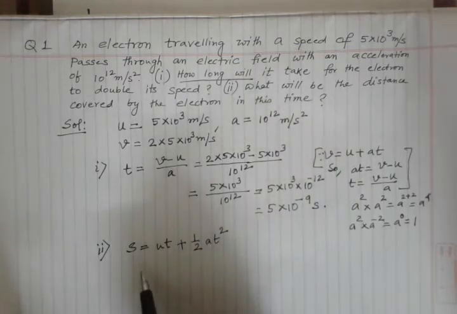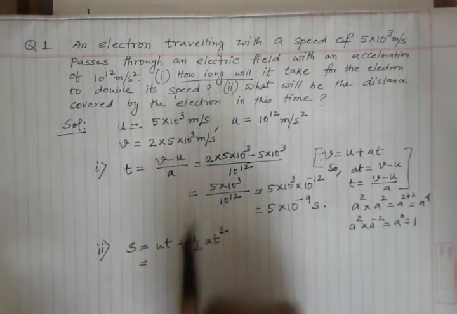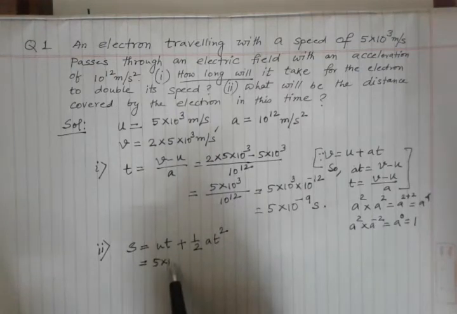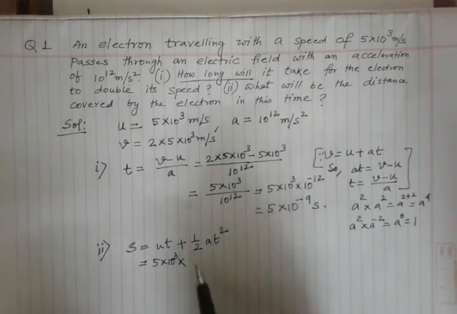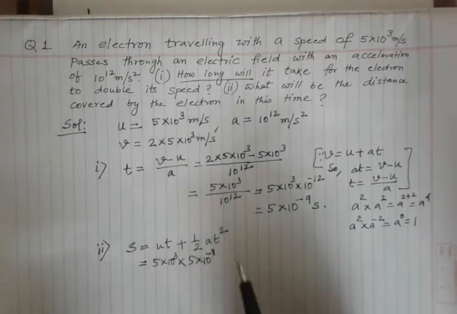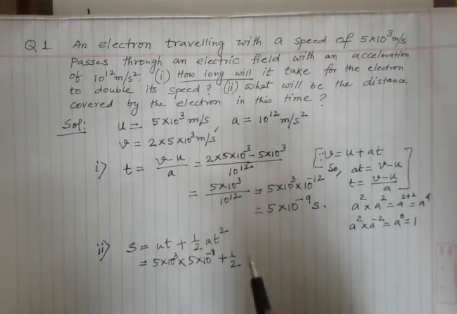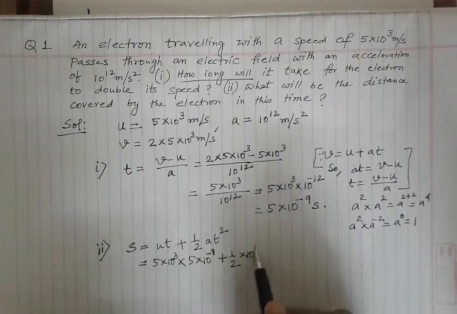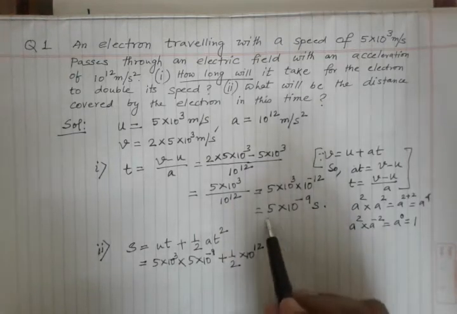Then we'll put the value here. u is 5 into 10 to the power 3 into t, which is 5 into 10 to the power minus 9, plus half. A is given here, 10 to the power 12, and for t square you have to square this.